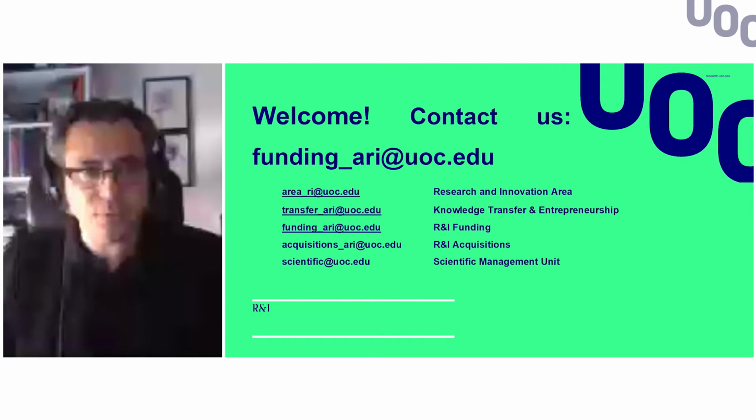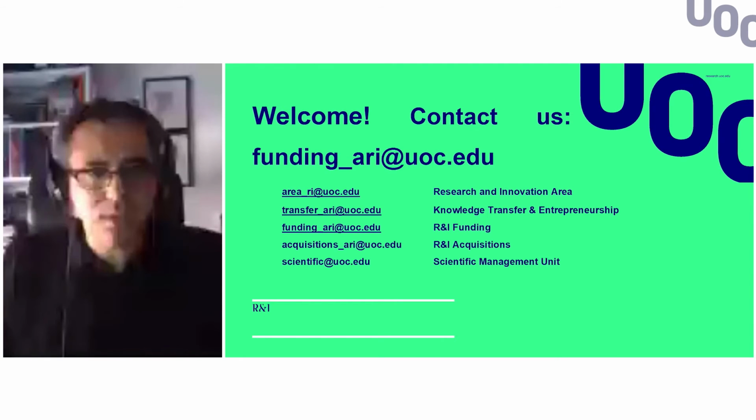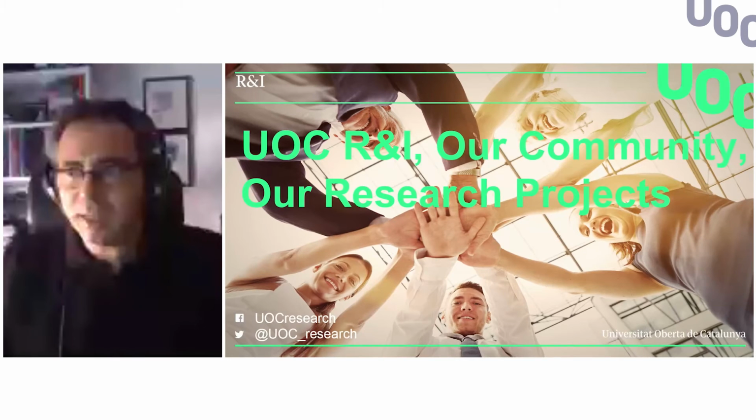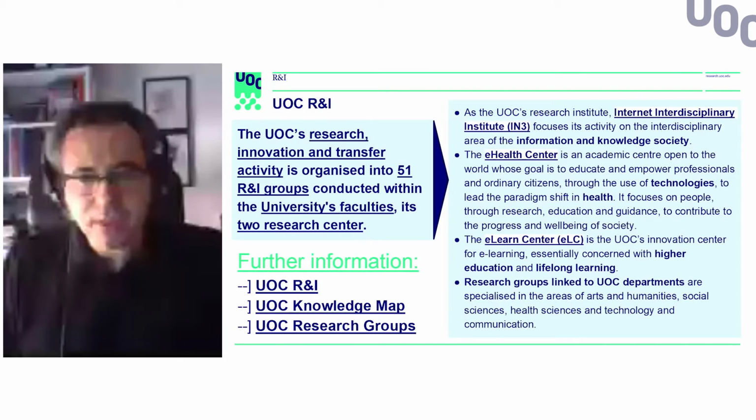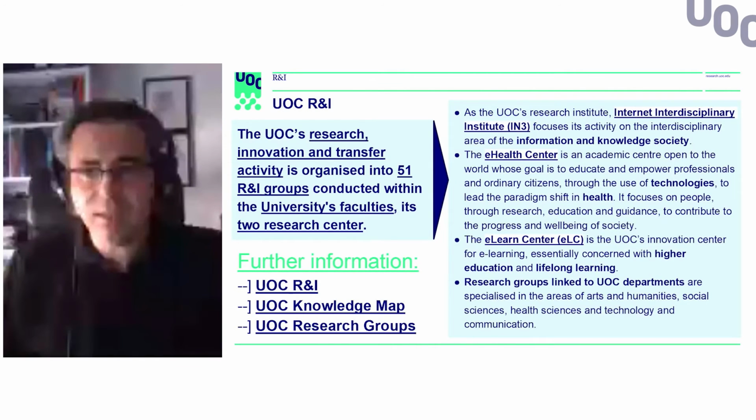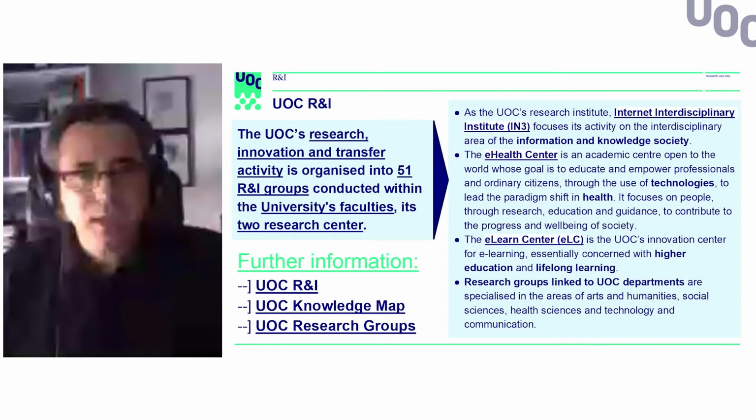You will have all the links and all the information available with the presentation. Here you can see how to contact us. And let's start. As you may already know, here at the UOC, besides being one of the most outstanding universities in online education, a large part of our main interest is research.